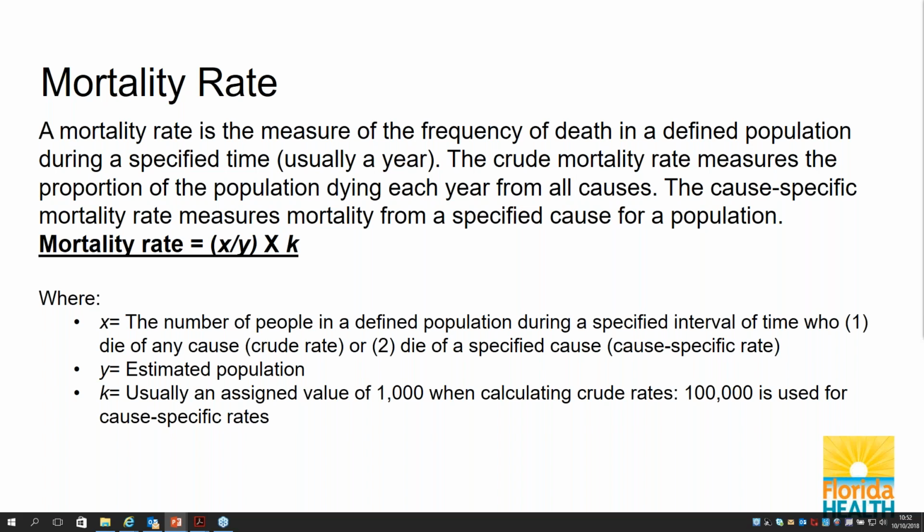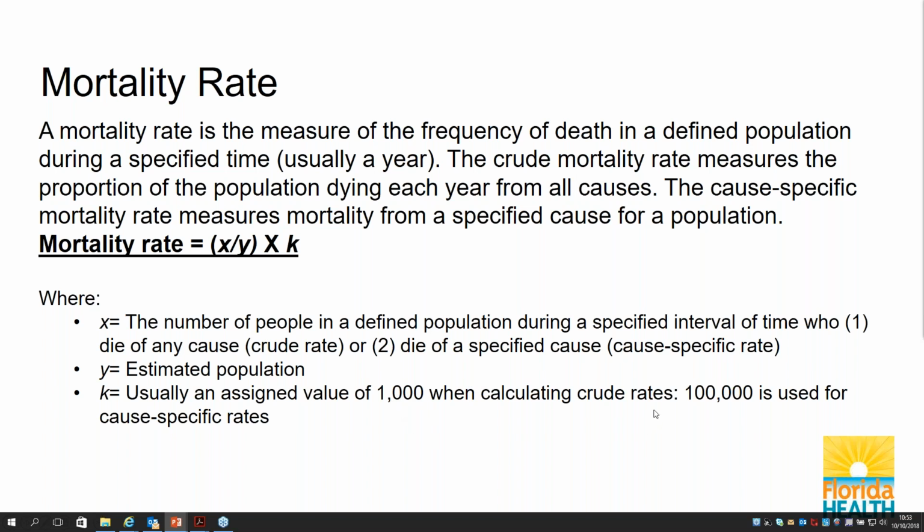This right here, K, is what will mess you up on the exam, because you're so used to using 1,000 repeatedly all the time, when you're dealing with CAUTIs, when you're dealing with CLABSIs, and you're like, yeah, it's 1,000, it's 1,000. You need to remember that it's 1,000 when you're calculating crude rates, but 100,000 when you're using cause-specific rates, right?